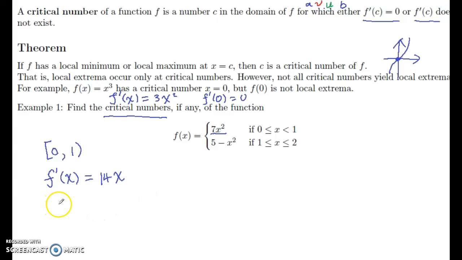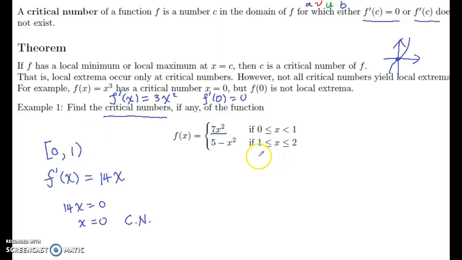When will 14x equal 0? When x equals 0, dividing both sides by 14. So x equals 0 is a critical number because it's also in this interval.